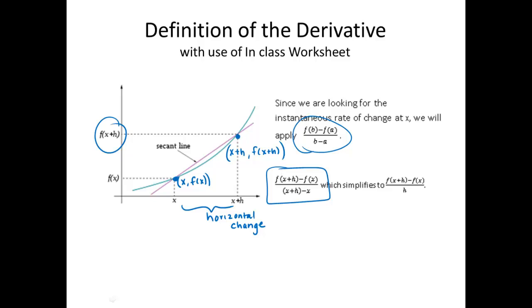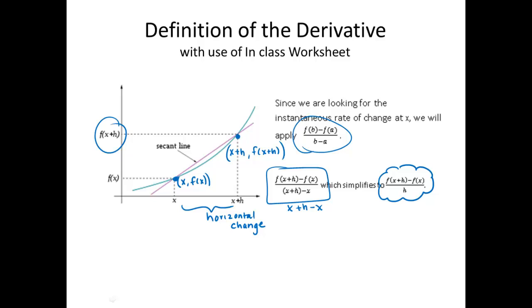I get the y value minus the other y value and the x value minus the other x value. Now what that simplifies to in the denominator is x plus h minus x. The x's cancel and I just get h. Now don't worry, we're going to be using this in a different way in a moment. I'm tying a bunch of things together, but merely I'm looking for a slope.